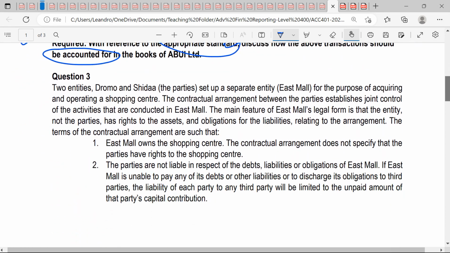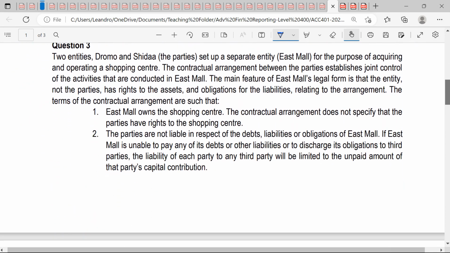Okay. In question 3, again, it's about classification. So we have two entities, Dromo and Shida. And then there is a separate entity, Eastmore. So at this point, we don't know if it is a joint operation or a joint venture, because there is a separate entity.